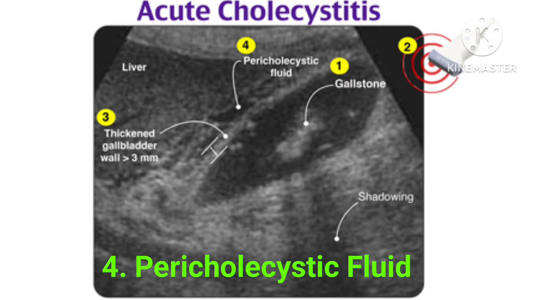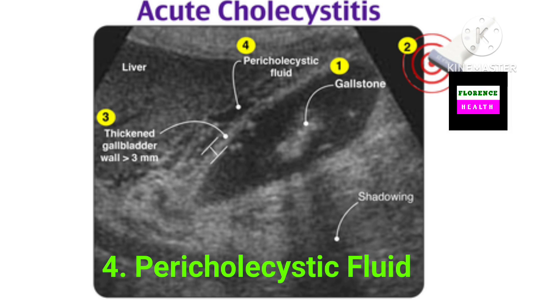Fourth, pericholecystic fluid collection is in its favor. The 4 findings in favor of acute cholecystitis are gallstone, thickened gallbladder wall, sonographic Murphy sign and pericholecystic fluid. These are the 4 findings in its favor.